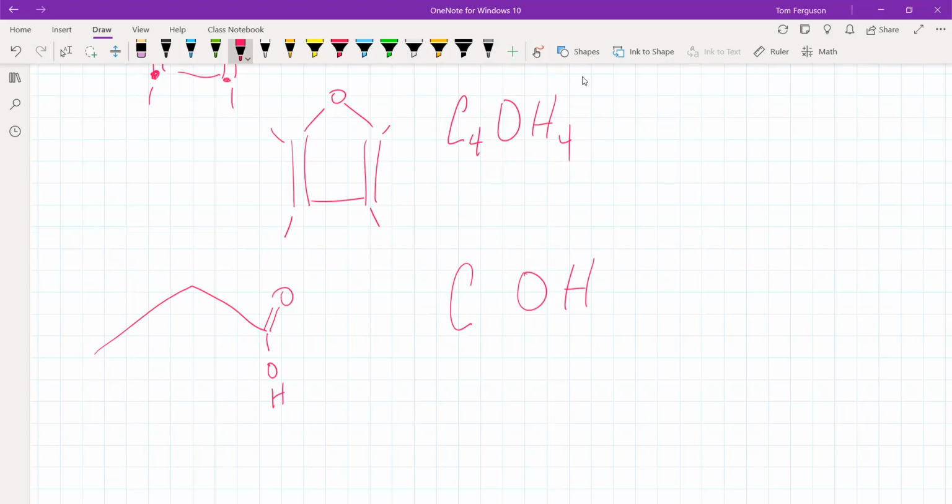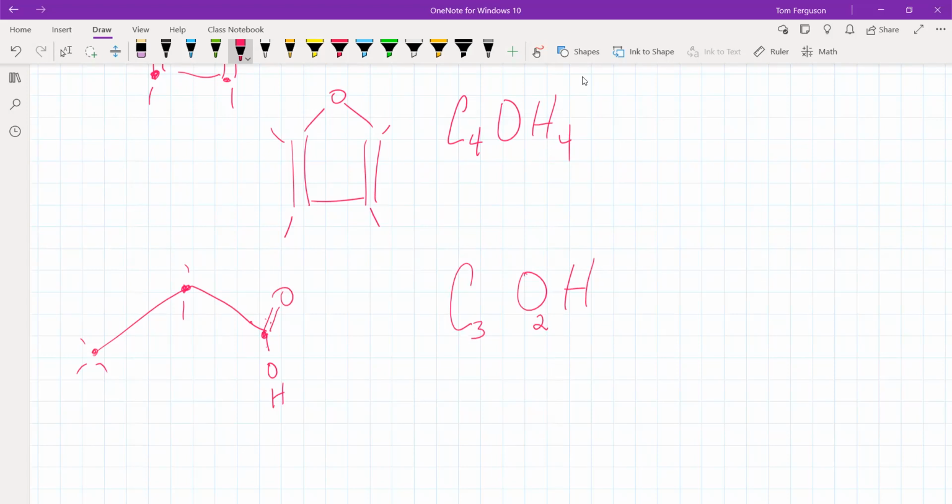Okay, so let's look at this one. We have a 3 carbon backbone. We have 2 oxygens. And this is a carbon-carbon single, so we have 3 hydrogens there. This carbon here has 2 single bonds to other carbons, so that leaves 2 left over. And this carbon here has 1, 2, 3, 4 bonds already.